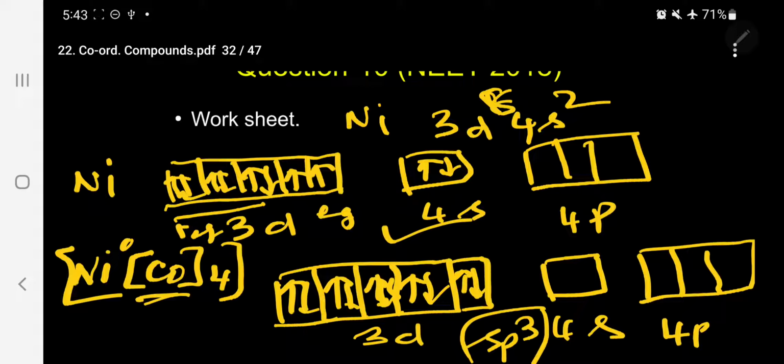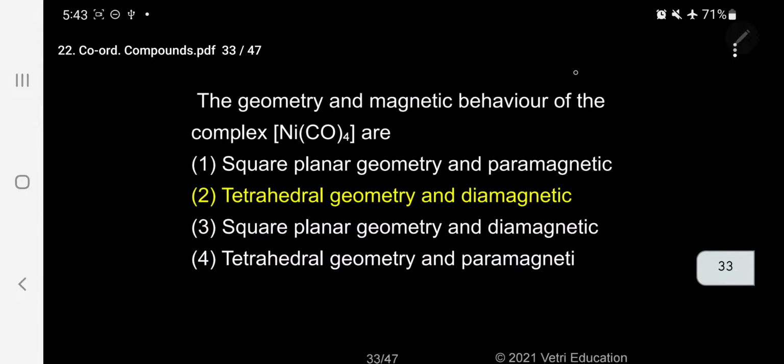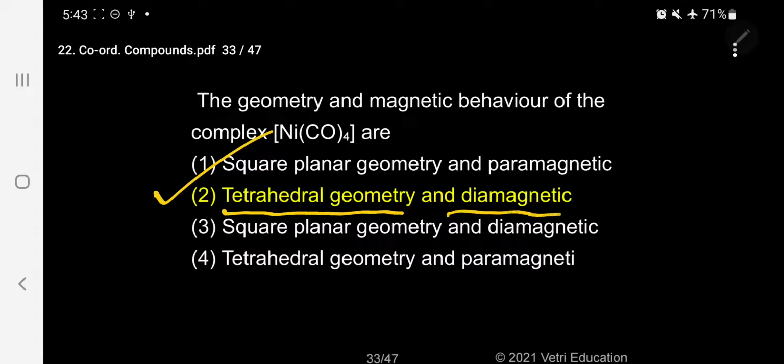So nickel tetracarbonyl is sp3 hybridized, that is, the shape is tetrahedral, and it is diamagnetic. We come to the answer now: it is 2. Tetrahedral geometry because of sp3, diamagnetic because all the electrons are paired due to the strong ligand.